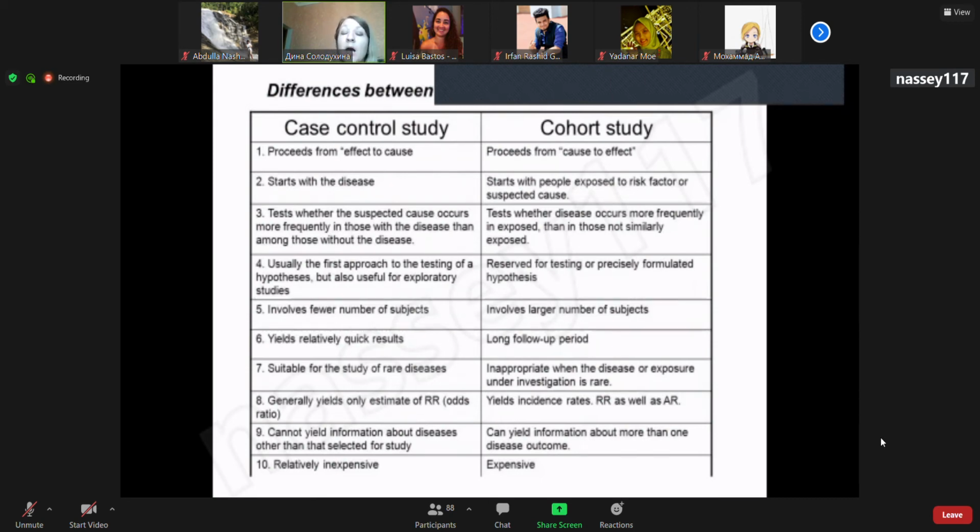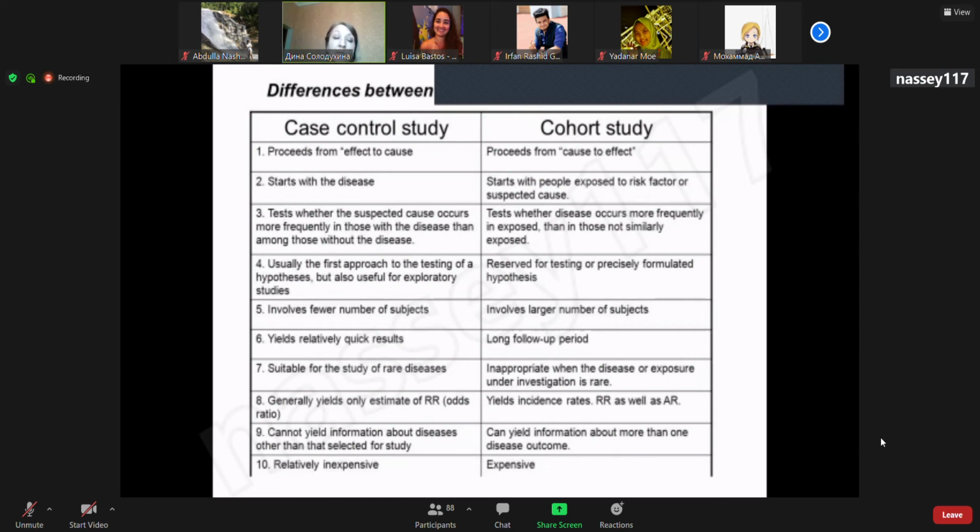However, in a cohort study, we need more people. For this reason, technically, it's more difficult. It's a more complex study. In a case control, we need fewer subjects. So we have fewer participants and it will be easier.